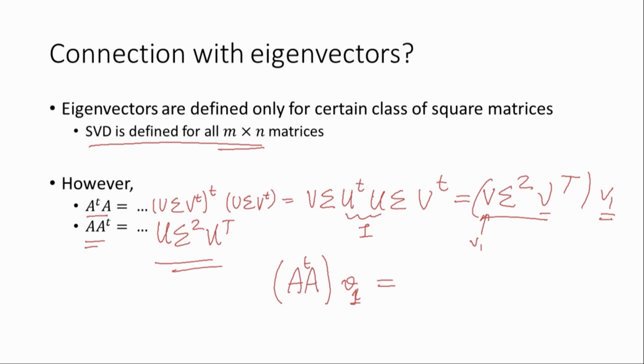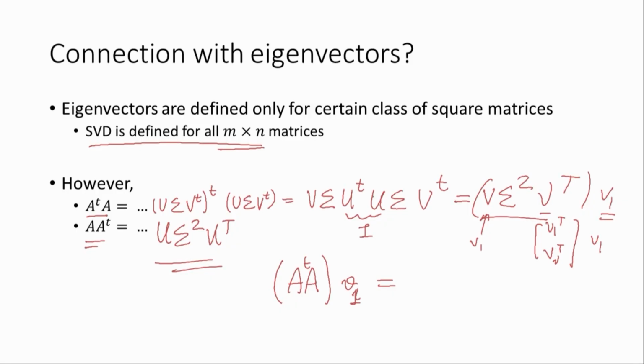V transpose times V1 is a vector. And what is that vector? V transpose has rows V1 transpose through Vr transpose, times V1. V1 transpose V1 is 1. V1 transpose any other Vi is 0. So this gives you 1, 0, 0, 0, 0, 0. That multiplied with sigma square gives you sigma 1 square times 1, 0, 0, 0, 0. That multiplied with V gives you sigma 1 square V1.